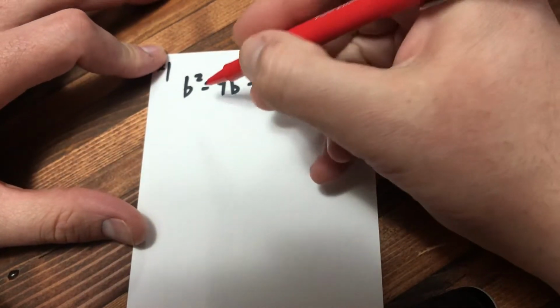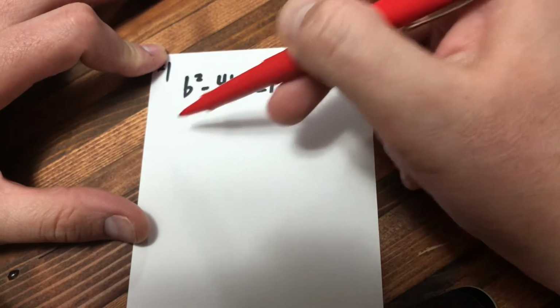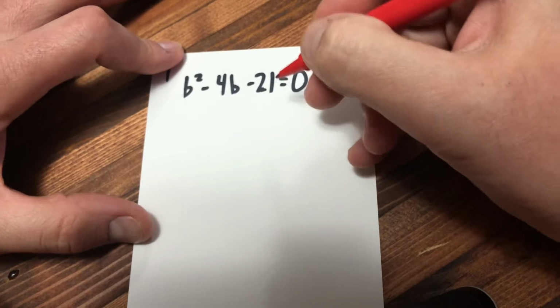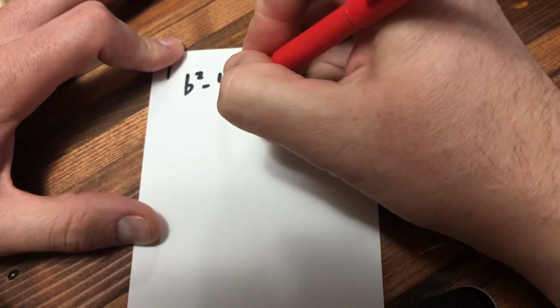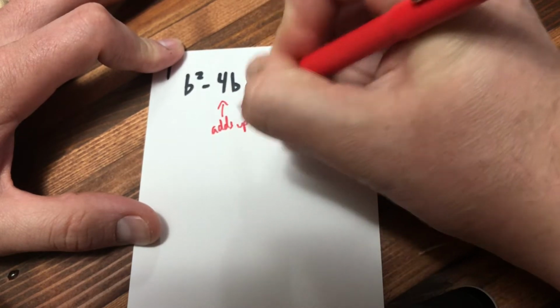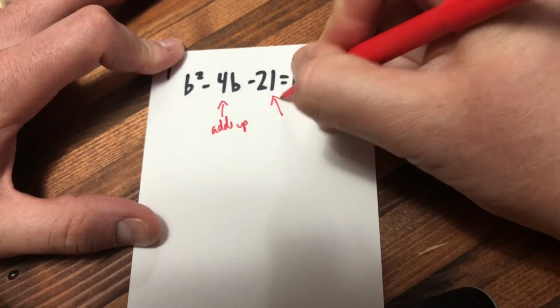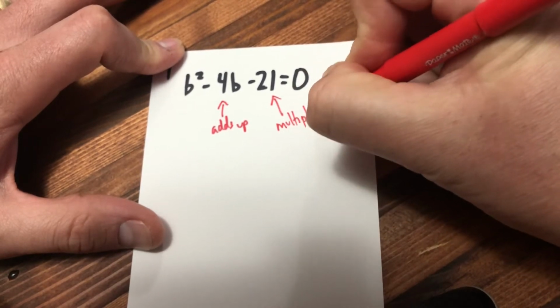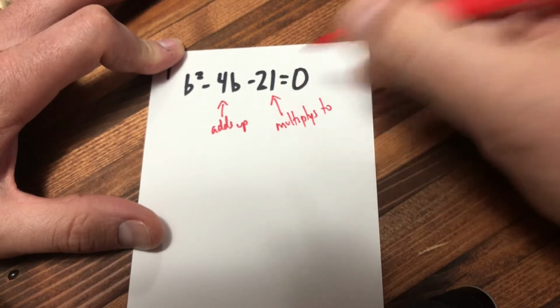I'm going to try to figure out if I was to divide this up into two different factors, what could I do? I want to see what adds up to this number right here, and what multiplies to this number right here.